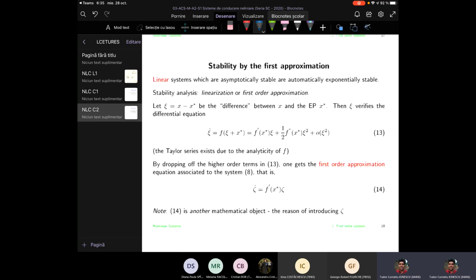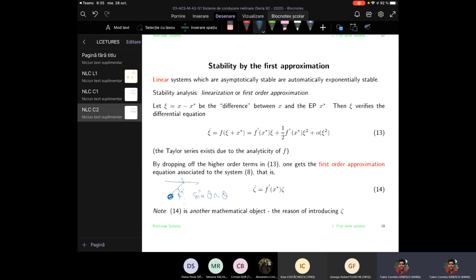Since stability is seen as a local property, that means if you veer off very slightly with your initial condition from the equilibrium point, and the trajectory goes to the equilibrium point, that's stability. Okay? That means small variations are always related to linearization. Small variations, you remember from the pendulum, that if the angle theta is very, very small, then sine theta is approximately theta itself.